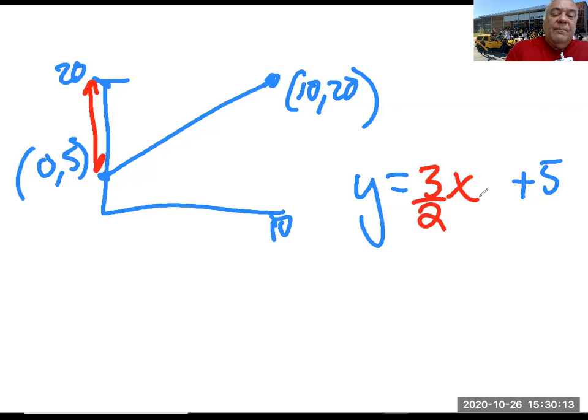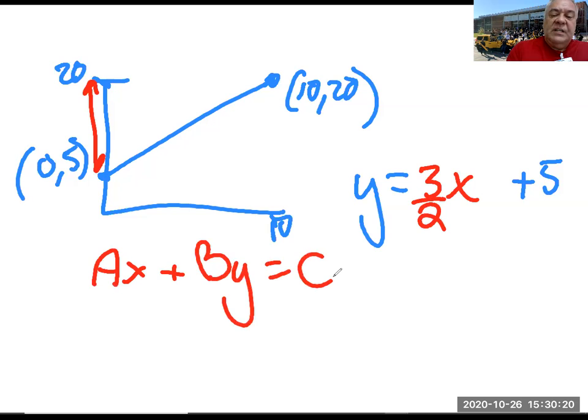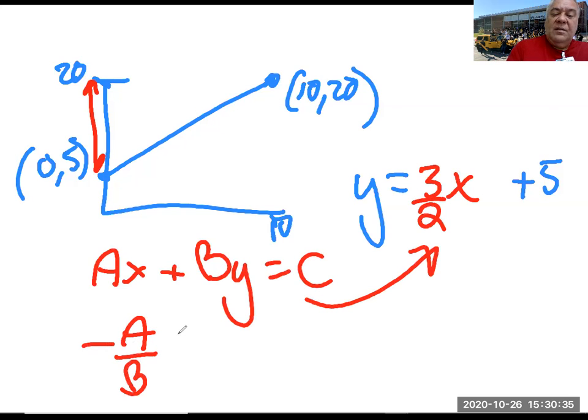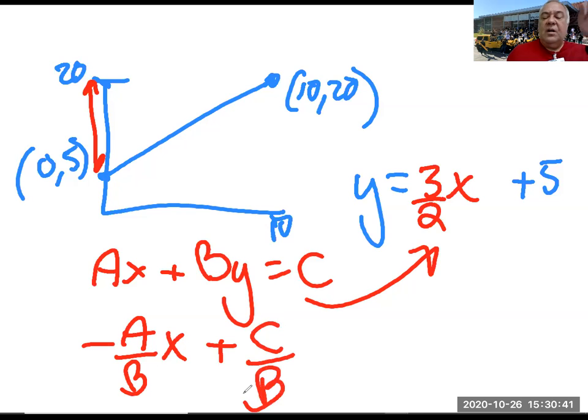Now, if you remember the shortcut, ax plus by is c, if I want to go from this form to slope-intercept form, then it's a divided by b, change the sign, and x plus c divided by b, don't change the sign.